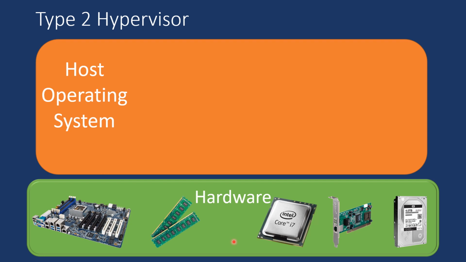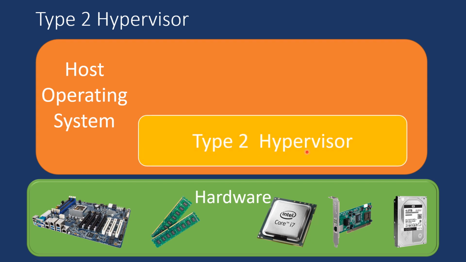Now, if you want to start creating virtual machines, you have to install inside the host operating system a piece of software known as the hypervisor. Specifically, it is called a type 2 hypervisor. Once you install it, it's like any software that you install in your operating system. And we will see some examples.